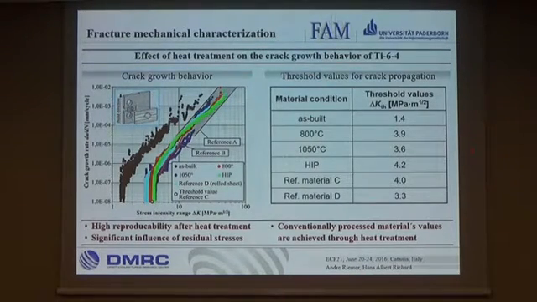Now here in the table we have the values. So we have an increase from 1.4 for the built condition to a value of 4 for the HIP condition. And so we are able to match the reference material.